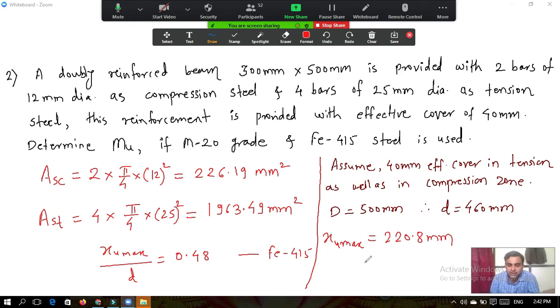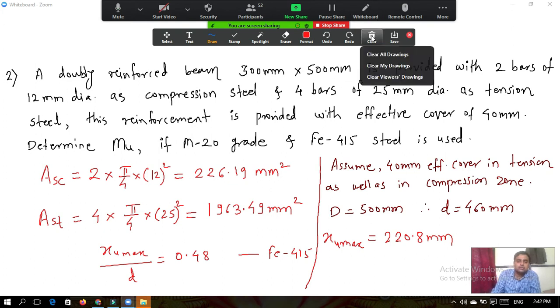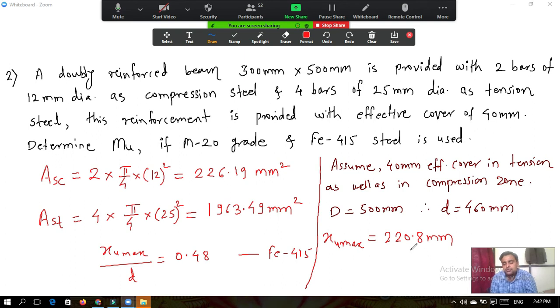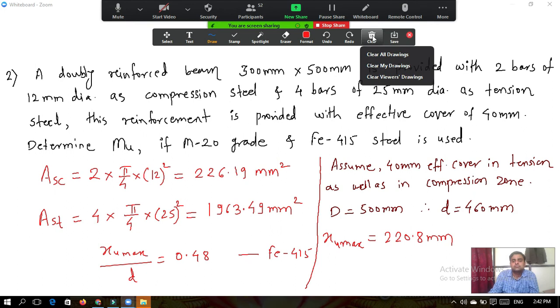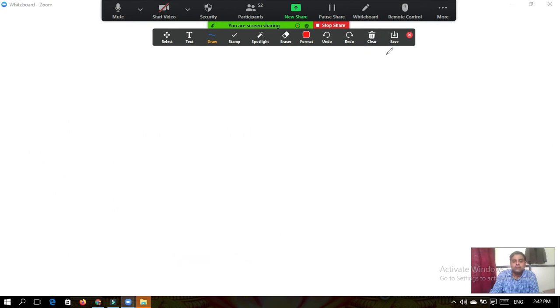Now after the calculation of XU max, we will calculate AST2, the area of steel in tension zone for the additional section. So I will clear all this. Yes, sir. Okay. Now we will calculate AST2.